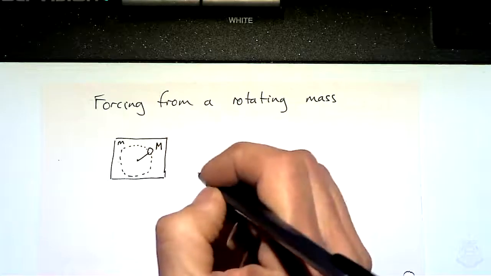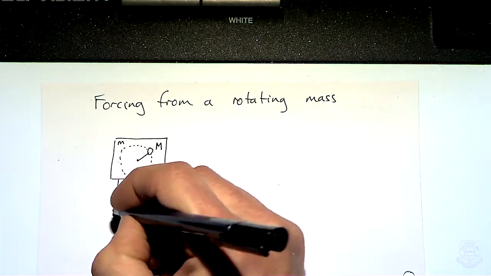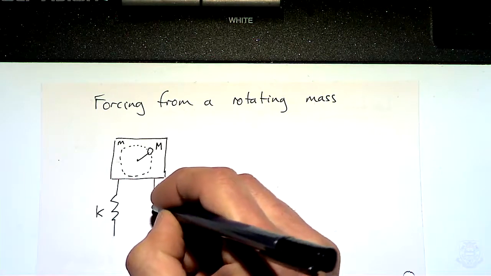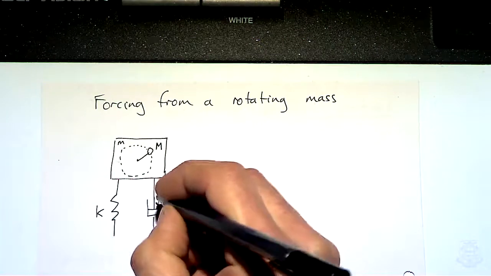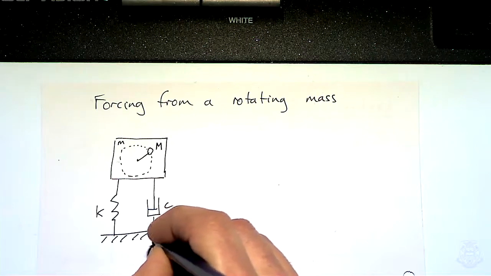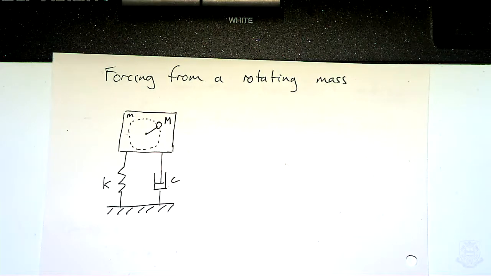And then we've got a spring, as normal, K, and a damper, dashpot, C, like that. In this case, the base is clamped. So the bottom is on solid ground now, we're assuming.